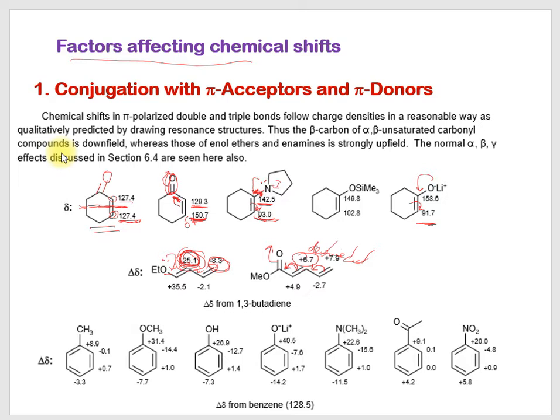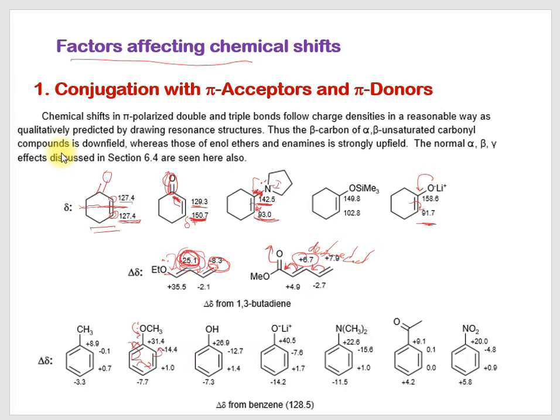Also, in aromatic rings, when you have substituents with a lone pair, it can delocalize towards the ring. You can show the delocalization throughout the ring.